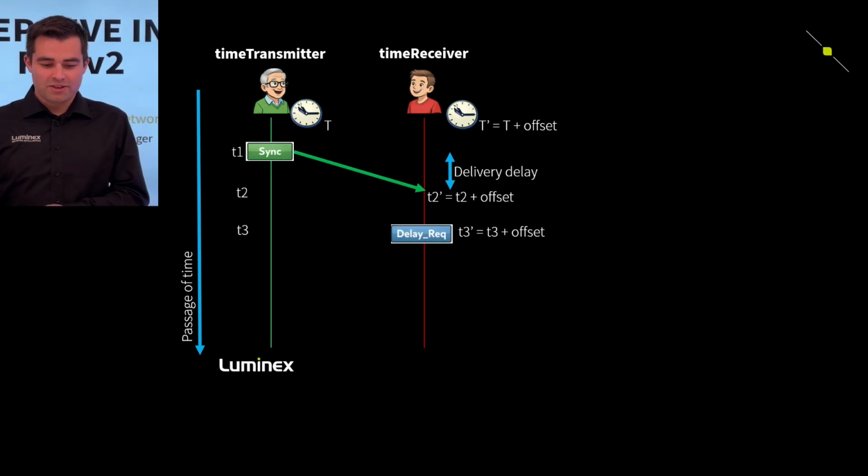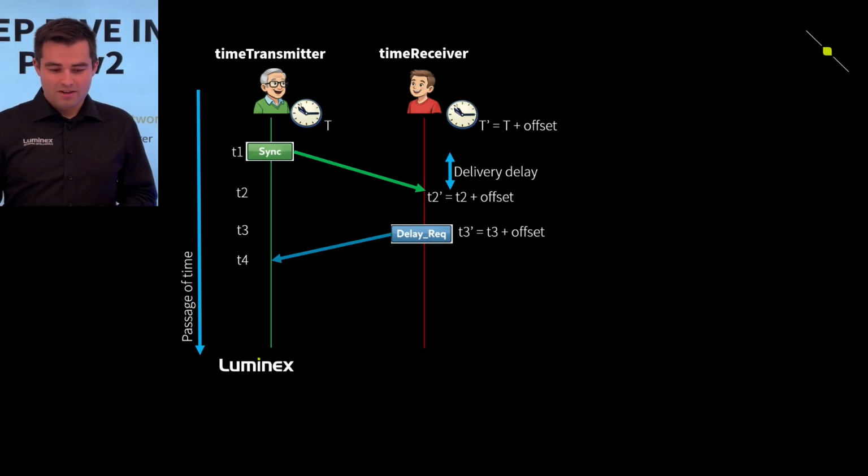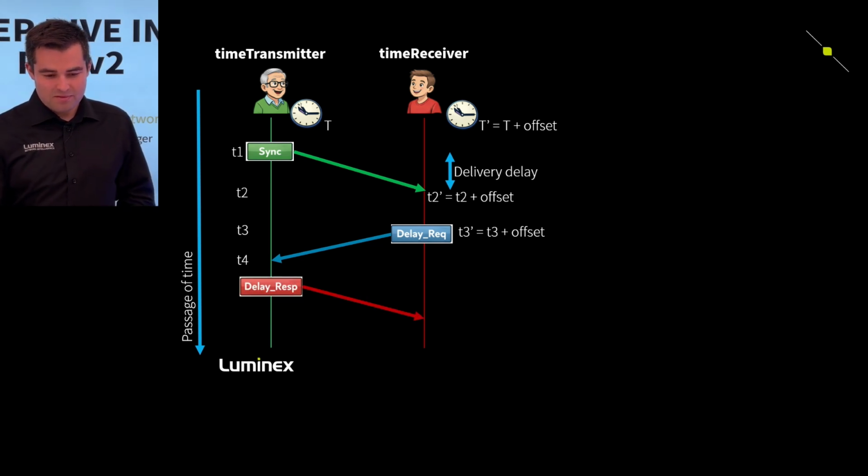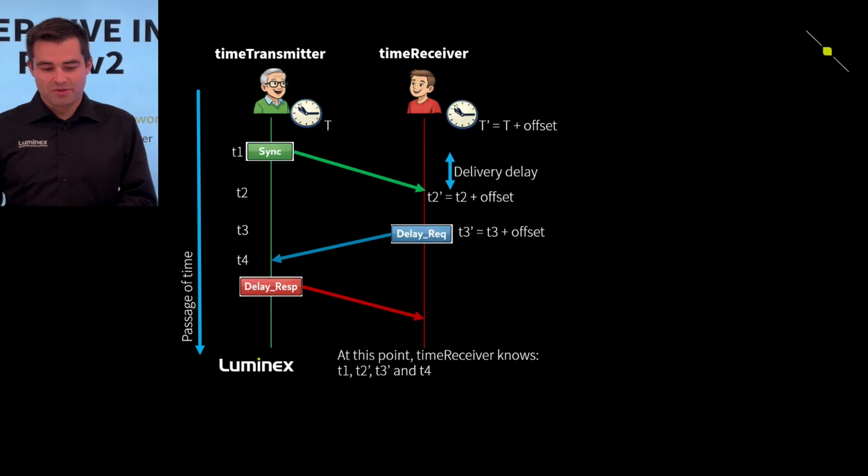Next, it will transmit a delay request message at the time T3 prime, and the time transmitter, after it arrives with a certain delay, will note down the Rx timestamp value T4. Finally, it will transmit this value T4 back to the time receiver in a delay response message. So when that delay response message arrives, the time receiver has 4 different values.